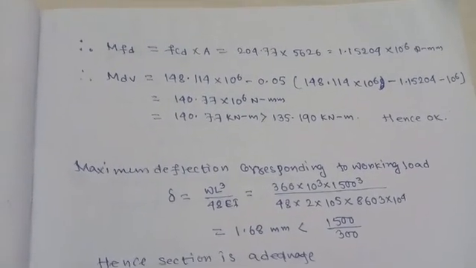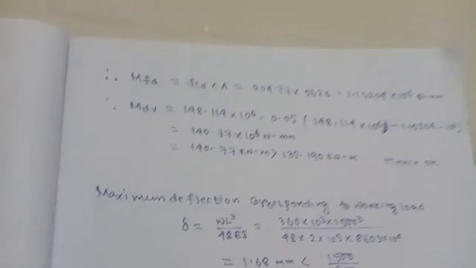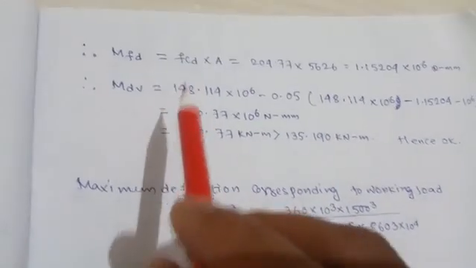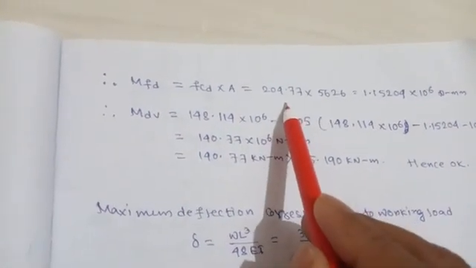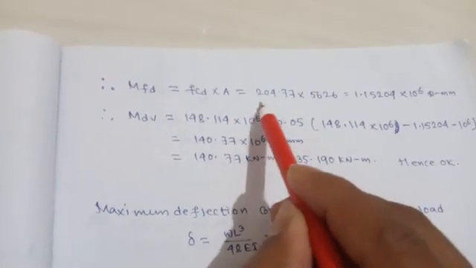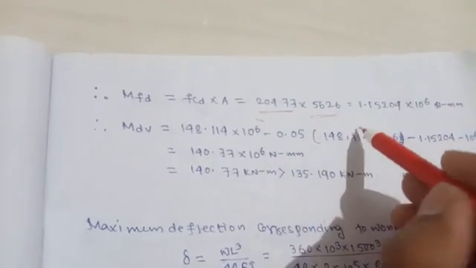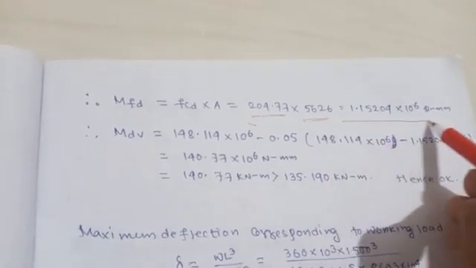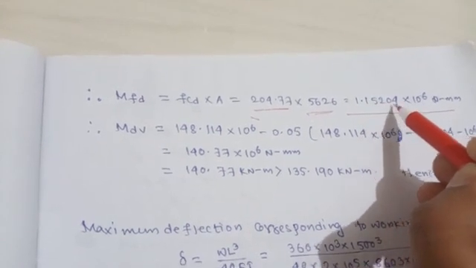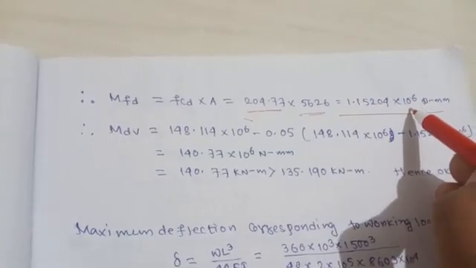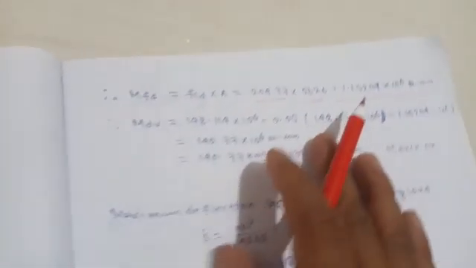Now Mfd is Fcd into A, which gives 1.15204 into 10 to the 6 mm.